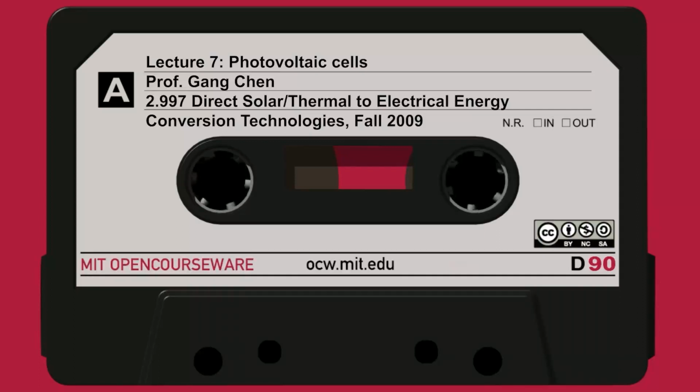So this will be the Fermi level, that's the conduction band, and the valence band, and let's see what happens when the photon comes in and an electron is excited into the conduction band.